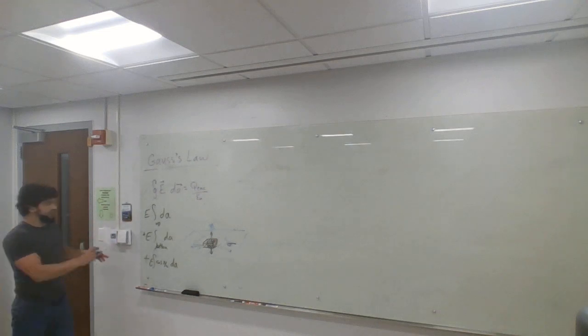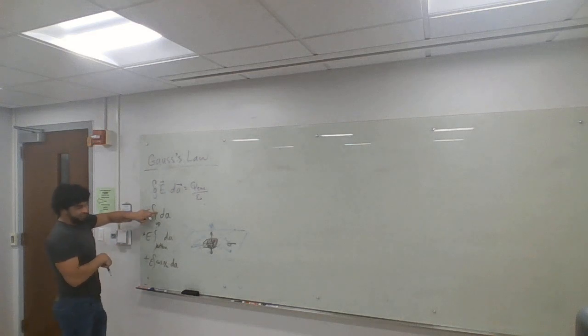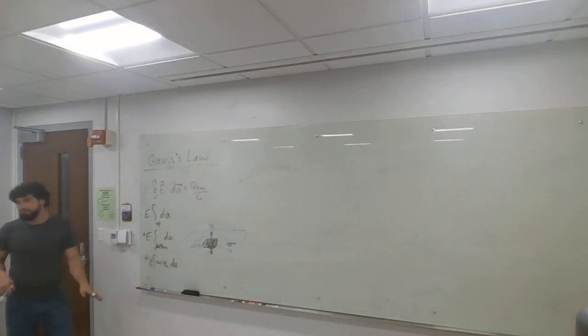Exactly as an example, generally I have E dA cosine theta. For the upper one, cosine theta is 1. For the lower one, cosine theta is 1. For the sides, cosine theta is 0. So they cancel. And here E is out.